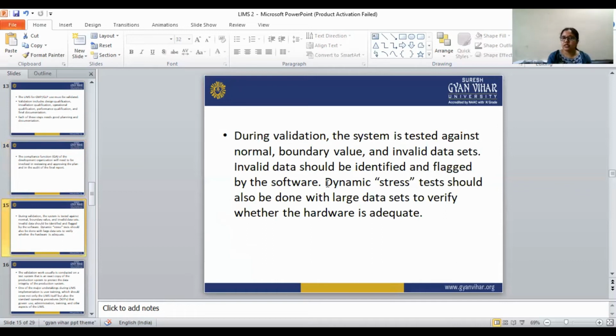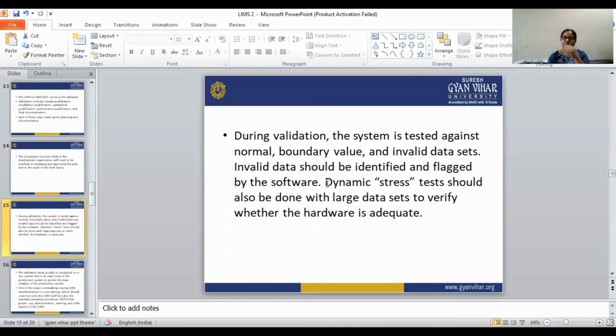During the validation, the system is tested against normal, boundary value and invalid data sets. Okay, so during the validation of the LIMS, which types of validations are there? The qualification means design qualification, installation validation, operational validation, performance validation, and the final documentation validation.